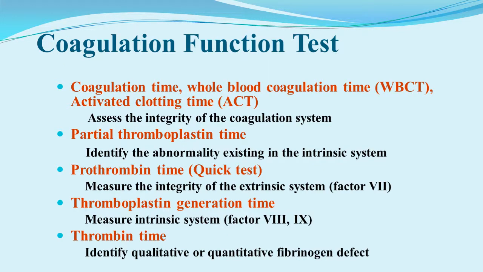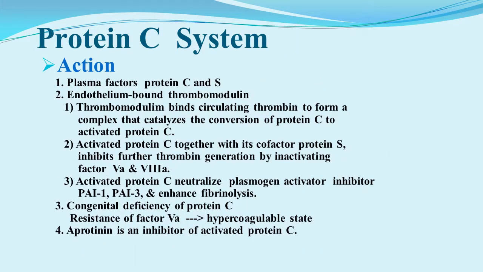Coagulation function tests: coagulation time, ACT, partial thromboplastin time, prothrombin time, and thrombin time. Protein C system action: plasma factors, protein C and S, endothelial bound thrombomodulin binds to circulating thrombin to form a complex that catalyzes conversion of protein C to activated protein C. Activated protein C together with its cofactor protein S inhibits further thrombin generation by inactivating factor 5A and factor 8A.